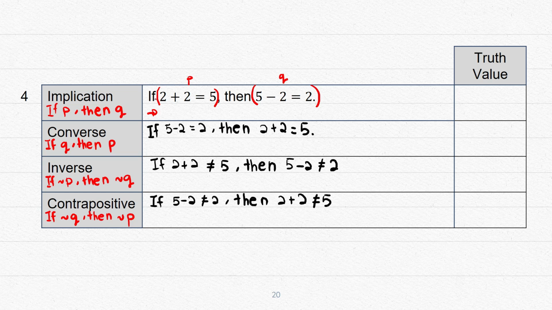Antecedent. Great. P will become antecedent. Q will become consequent. Now we determine the truth value for P and Q. We take a look at P. P is 2 plus 2 equal to 5.